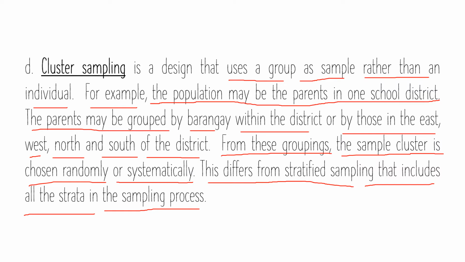It's difficult to guarantee that the sampled clusters are really representative of the whole population because of the differences that exist between clusters. Let's give an example of this cluster sampling.